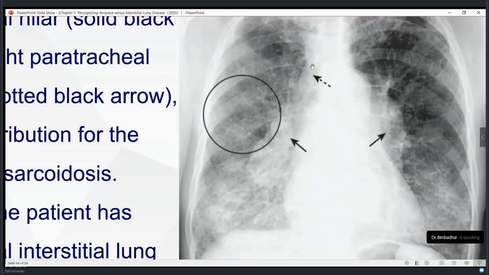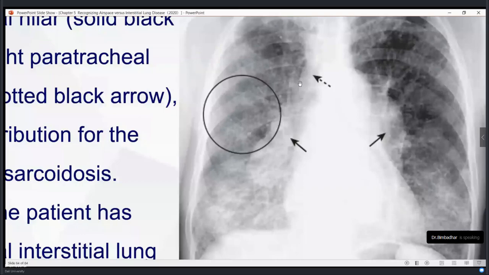If you have a problem with the lymph node classification, just browse back to your basic anatomical textbook and find the groups of lymph nodes present in the thorax. So the shadow that is obscuring the superior vena cava shadow is the paratracheal lymph node.